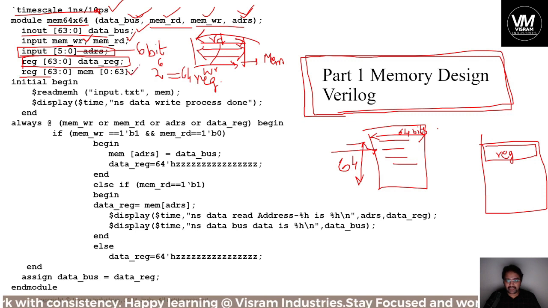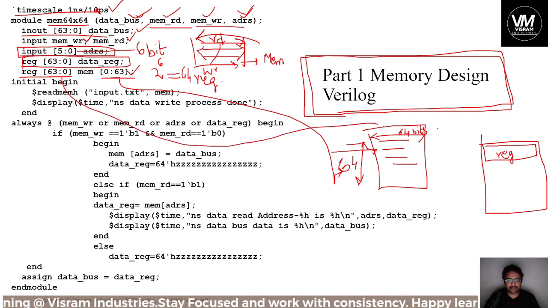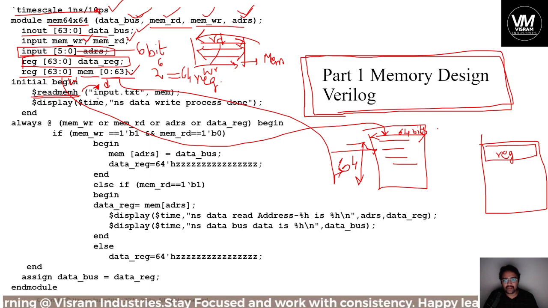Register memory declaration: you have 64 registers, and each register has 64 bits, representing the width and depth. Mem is the name of the memory we are looking at. Now initial begin is followed by readmemh. readmemh is a system task where we use it to load the information written in the text file, input.txt.